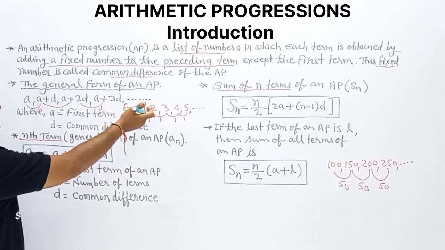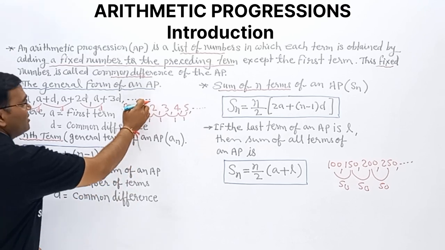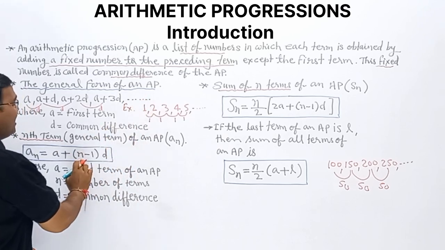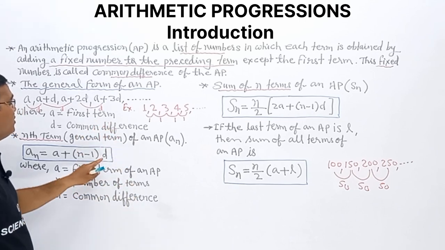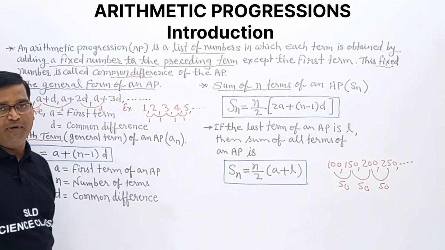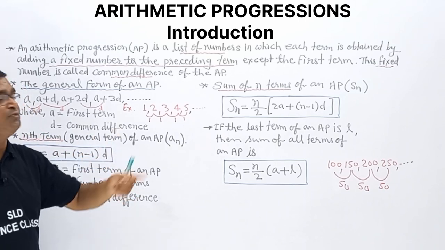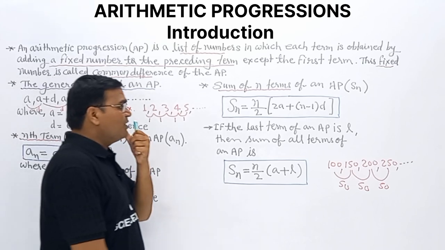If we require the 15th term, the n value will be 15. A is the first term, and d is the common difference, which is 1 here. We will put these in, then we can find the nth term of the given AP.